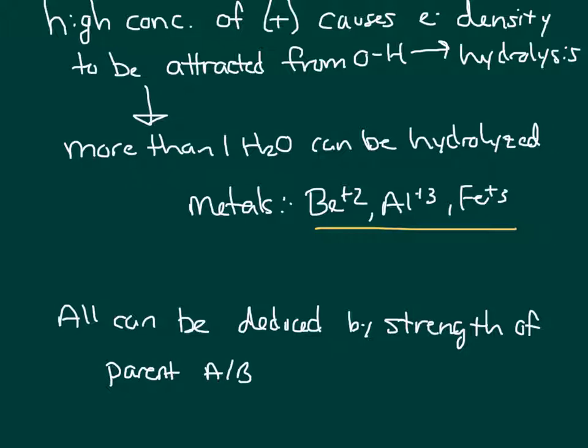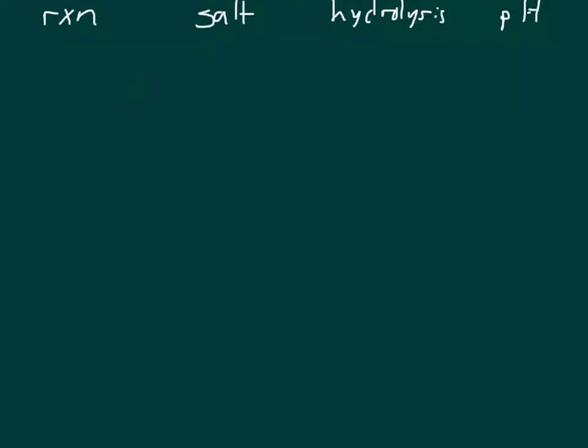All of the salt hydrolysis can be deduced by the strength of the parent acid or base, so you can determine if the neutralization reaction will actually be neutral, basic, or acidic. What does that look like? All right, so if we have a strong acid and a strong base, we react the two, like HCl and NaOH.